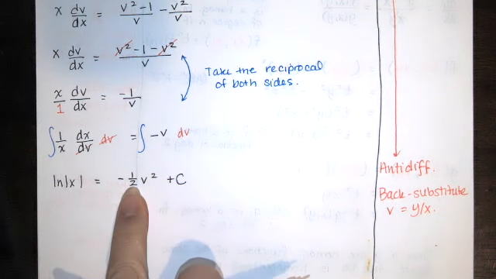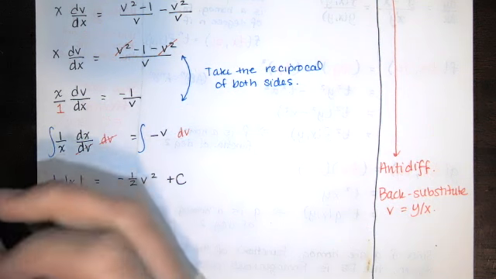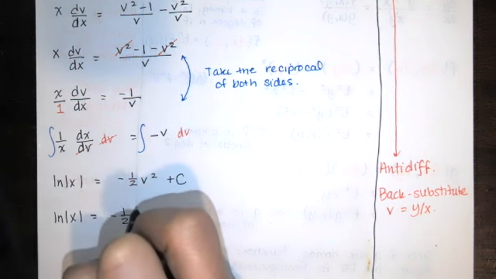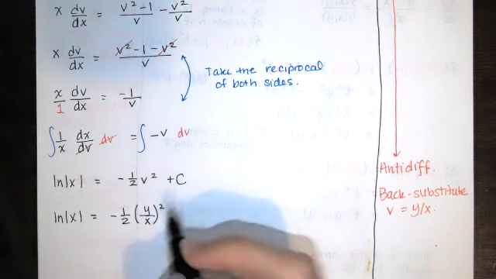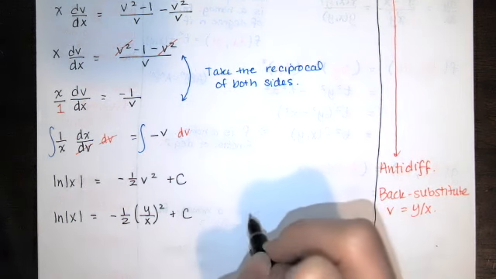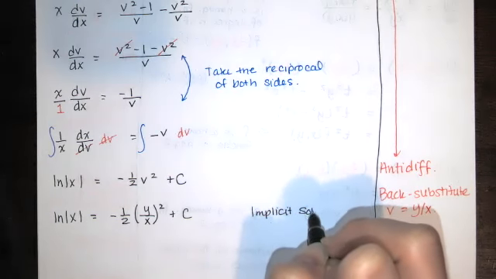So you're replacing the v with y over x. And if I was just asked for an implicit solution, my v is being replaced by y over x, I square it, plus c, I would leave it alone, and this would be it. This is an implicit solution of the differential equation.